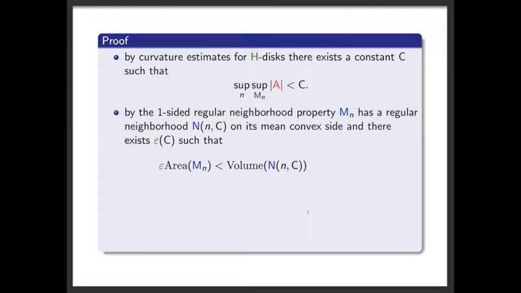Not only that, but that means that you have an embedded regular neighborhood on the mean convex side of this M_n. And notice that here also the fact that M_n separates the torus comes into play.